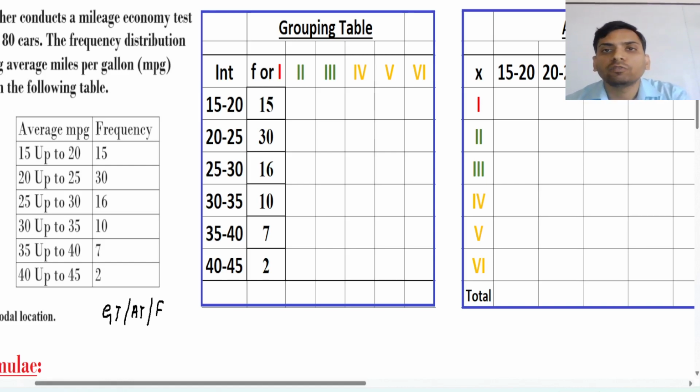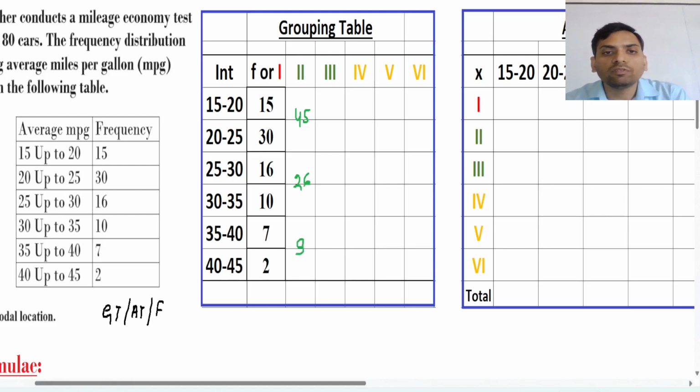In grouping table what you will do? You will prepare group of 2. I have already explained this concept in mode. So summation of this 15 plus 30, that is 45, and summation of these next two 16 and 10, that is 26, and summation of this 7 and 2, that is 9.